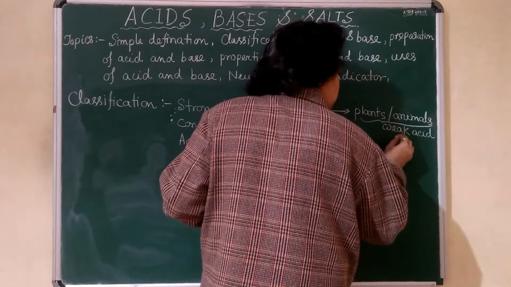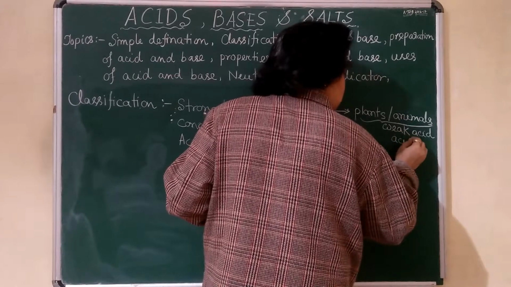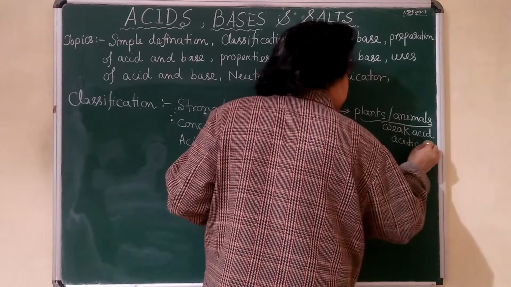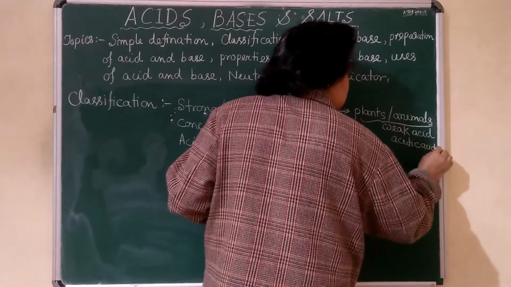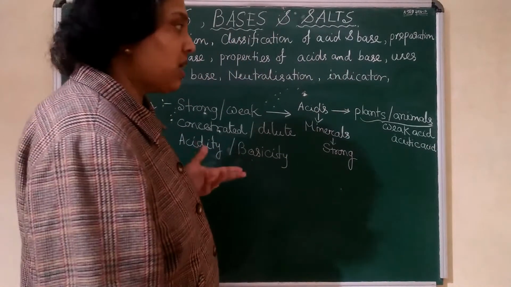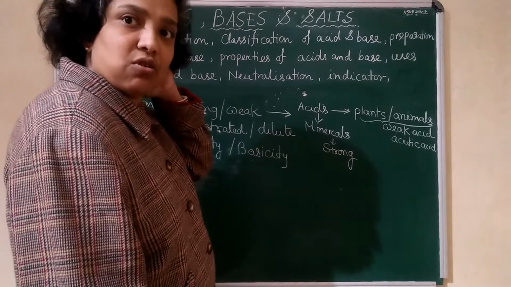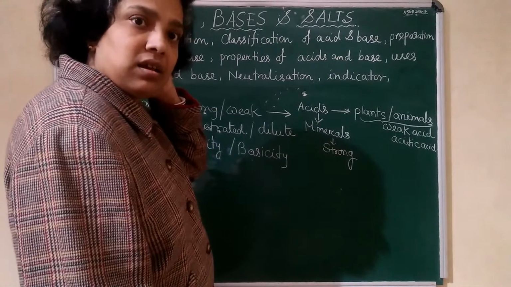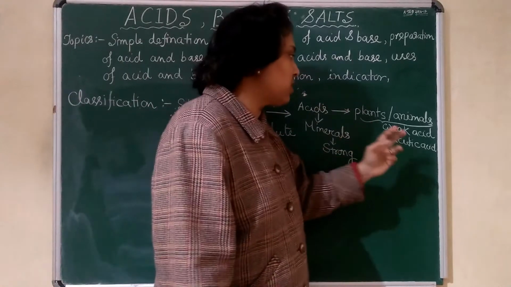Suppose acetic acid. Acetic acid is coming from what? Vinegar. It is present in vinegar. So vinegar, it is weak acid.